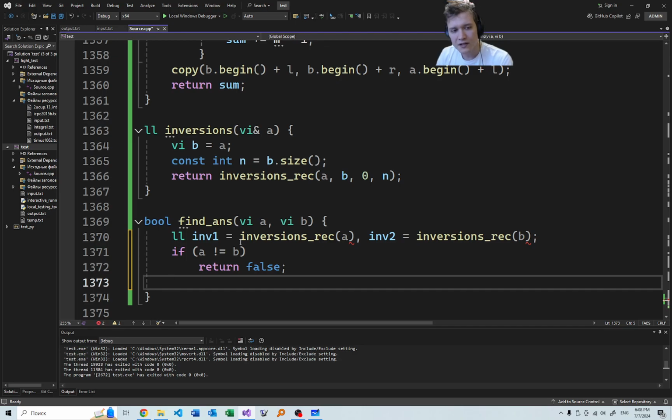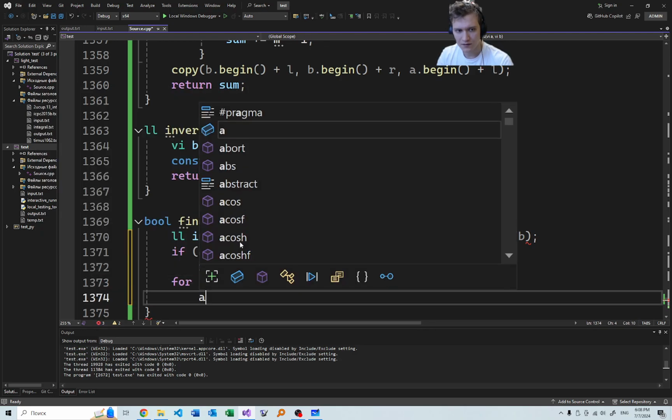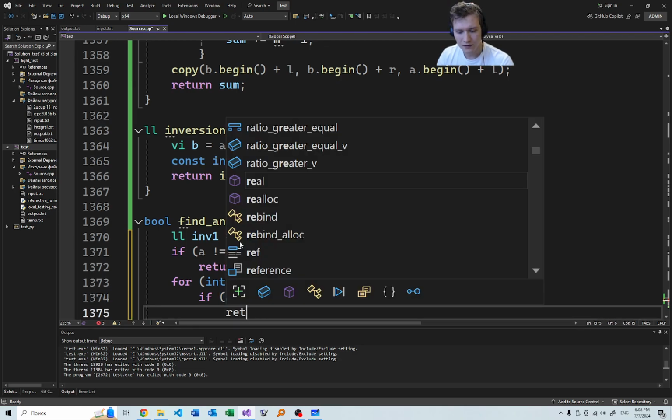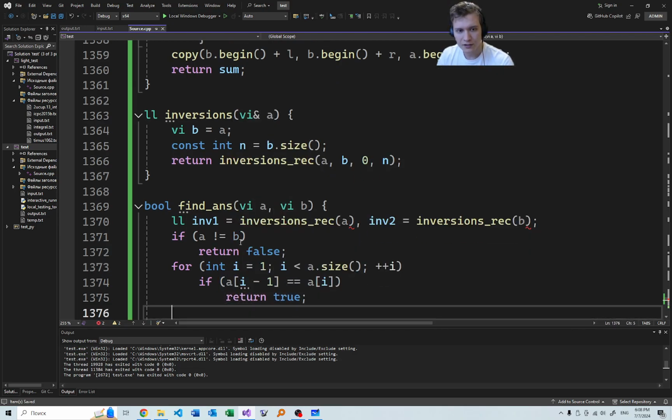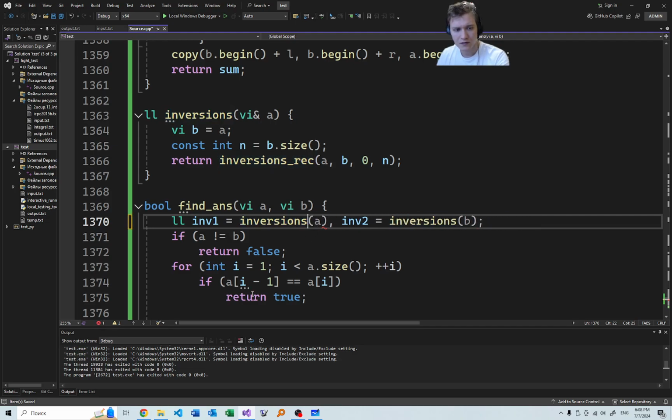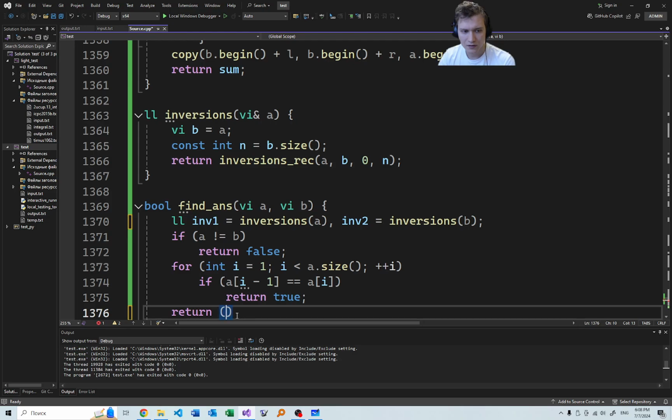Also, now let's check if there are some equal elements. So if AI minus 1 is AI, then return true. And finally, we need to check the parity. Not inversions rec, but just inversions. Return inv1 % 2 equals inv2 % 2.